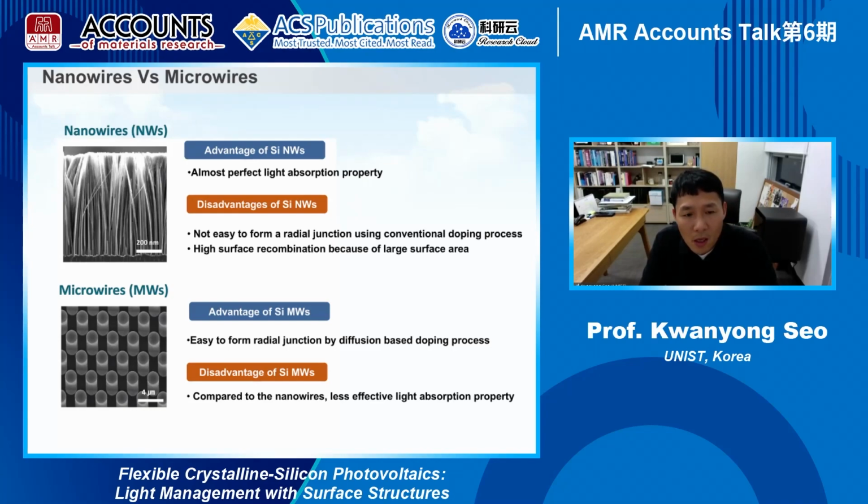And also, as we increase the surface area of the nanowire array structures, high surface recombination is also a very important issue. However, microwires, although they show less effective light absorption property, still perform well as an anti-reflective surface material.